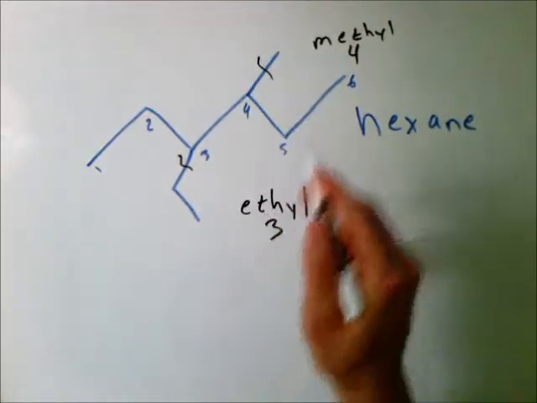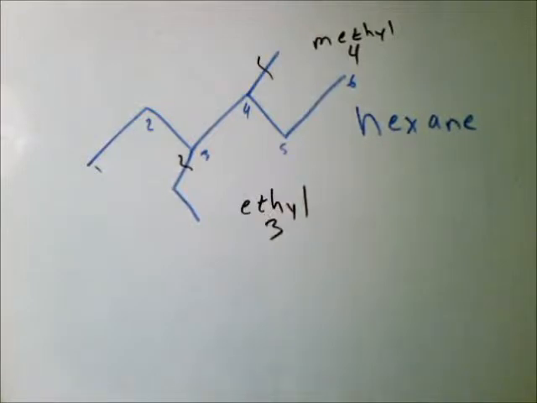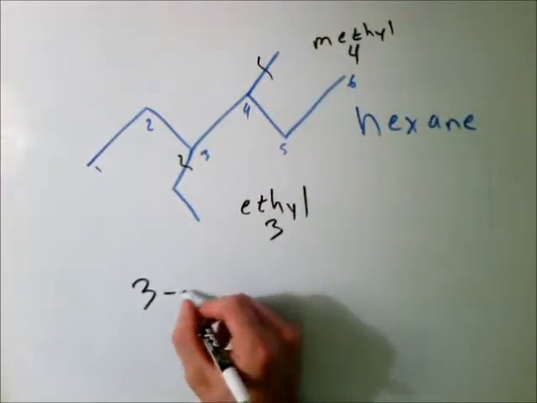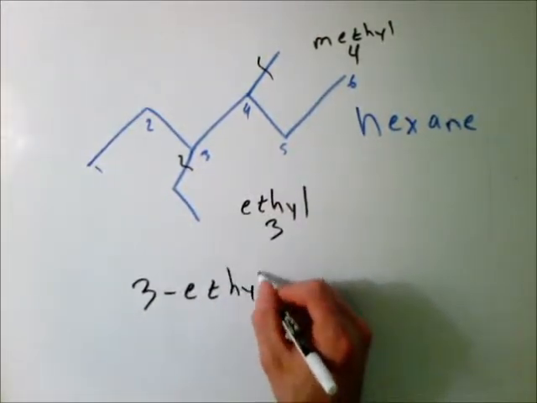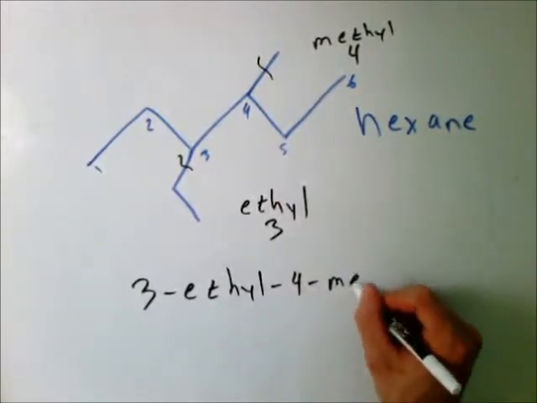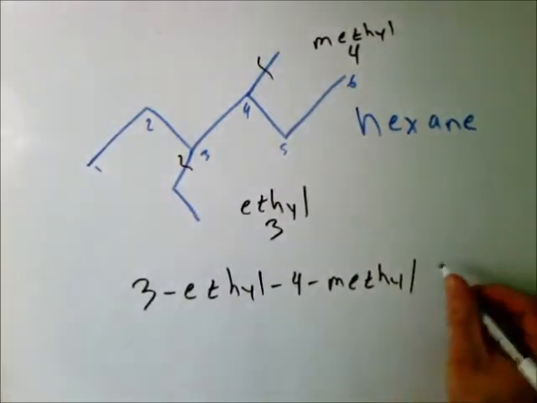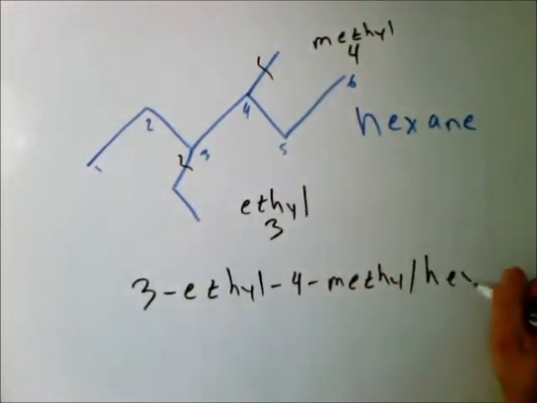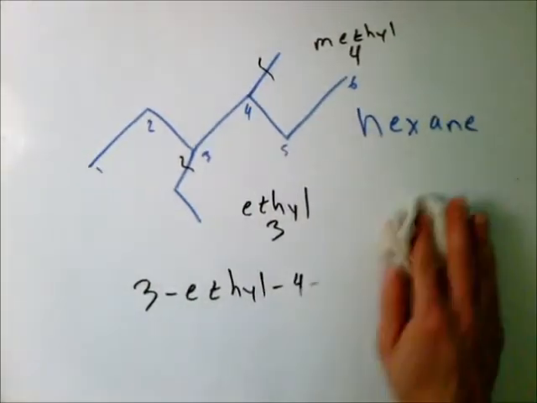So ethyl, E is before M, so we're going to do 3-ethyl 4-methyl, and then just put hexane on the end. 3-ethyl 4-methylhexane. So the naming can get pretty long, but once you get the gist of it down, it gets pretty easy.